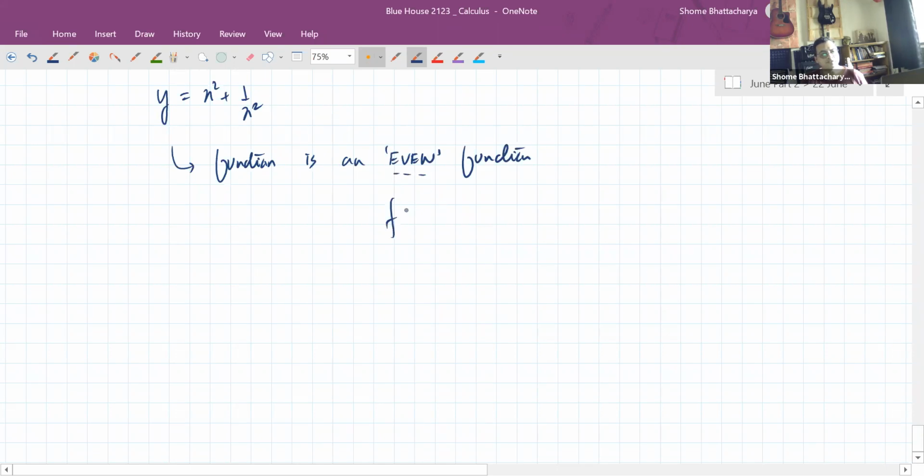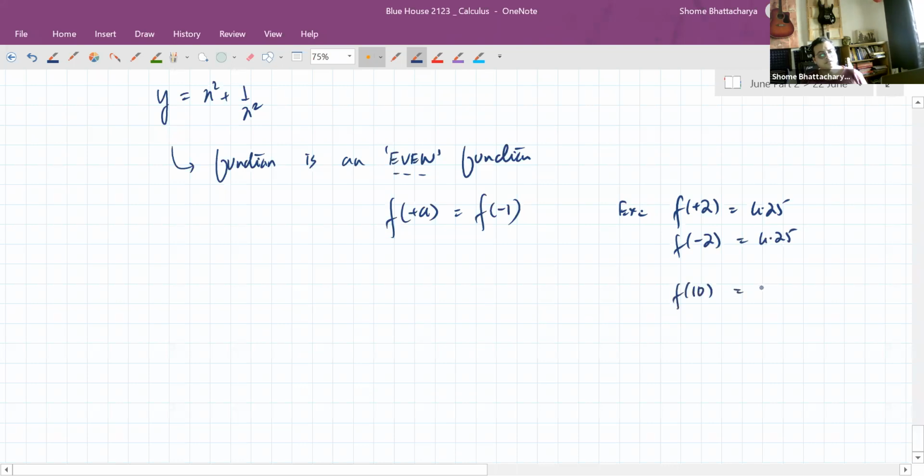So the value of the function at plus a is equal to the value of the function at minus a. For example, the value of the function at plus 2 is 4.25. The value of the function at minus 2 is also 4.25. The value of the function at 10 is 100.01. The value of the function at minus 10 is also 100.01. So that's one observation that we have.